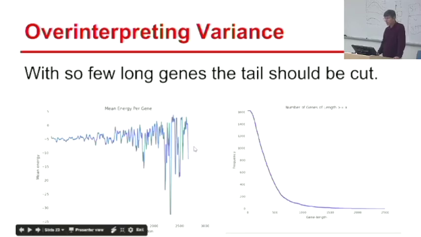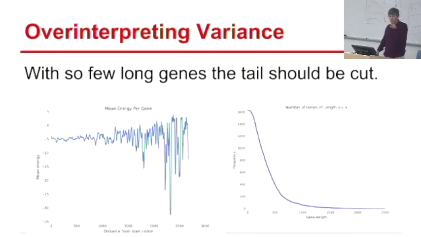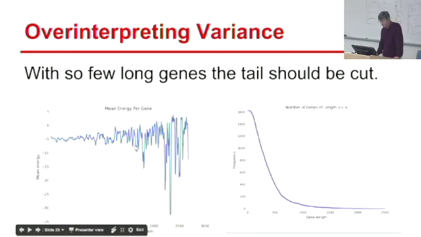But again, I think the bigger problem is that you're taking very, very small numbers of samples here, which wildly differ. This part measured on 100 things is completely incomparable with that. The variance is so high that what you're seeing here is variance, okay? Any questions? So overinterpreting variance is a big problem here, okay?